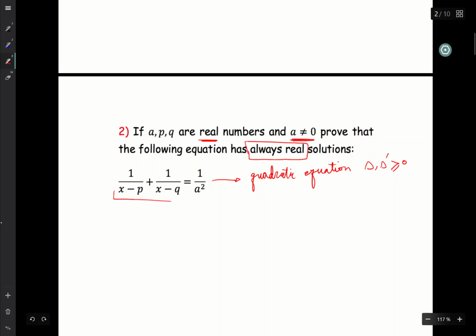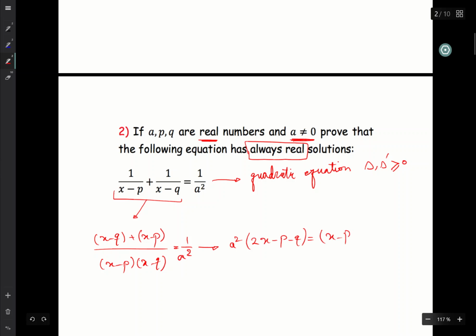I think the easiest way to start is to get a common denominator, x minus p times x minus q, plus x minus p is equal to 1 over a squared, right? And therefore we end up with a squared times 2x minus p minus q is x minus p times x minus q.